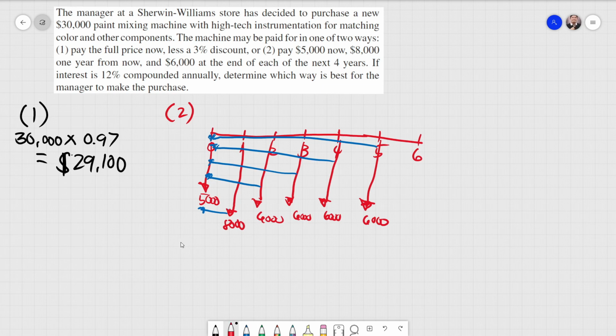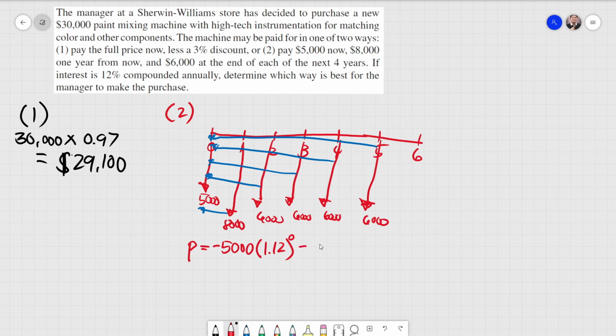I-apply natin yung formula. So, kunin natin lahat yung present value ng mga cash flows on the different years. So, we have this one here. So, yung $5,000 ay nasa year 0 na. So, it can be written as this, 1.12, dahil 12% compounded annually, raised to 0. Then, next, so that this is negative dahil nasa baba.